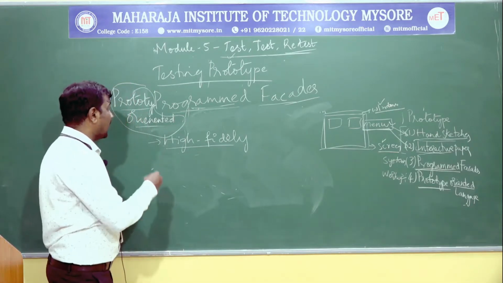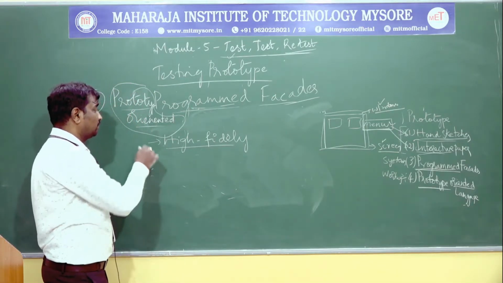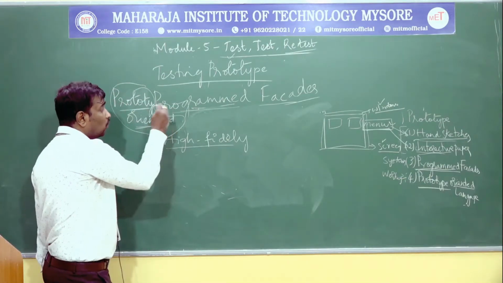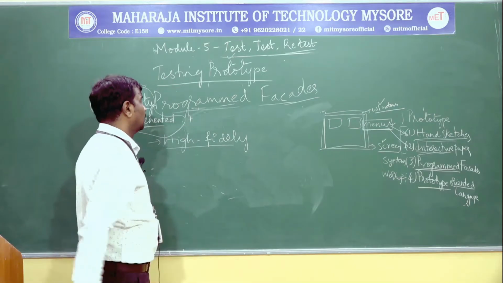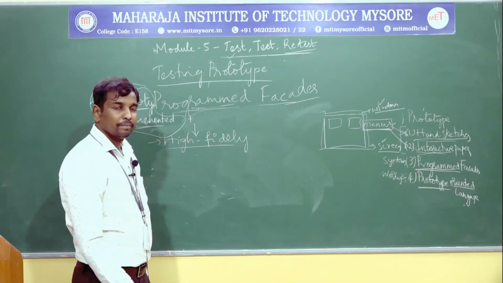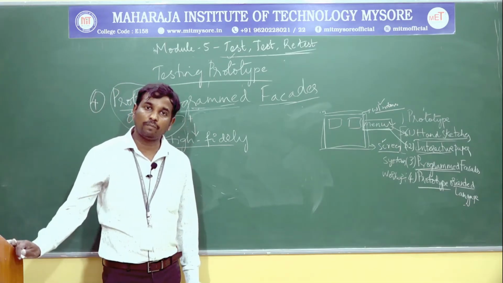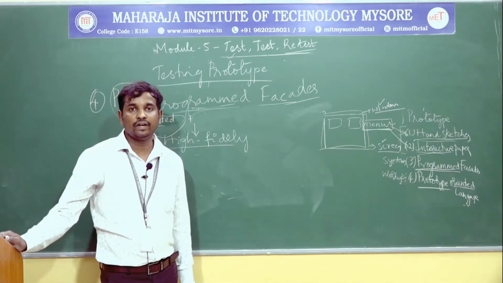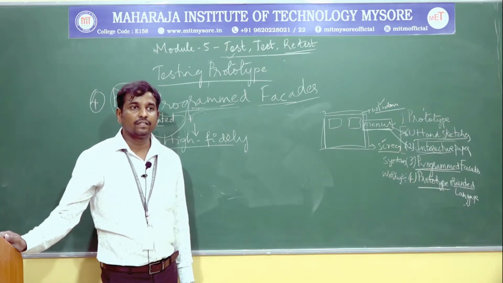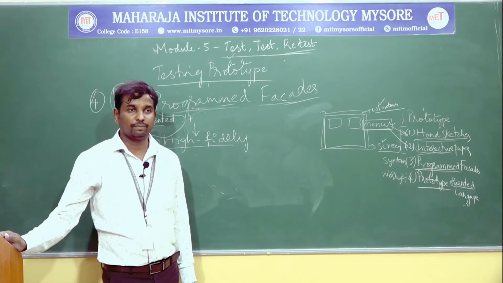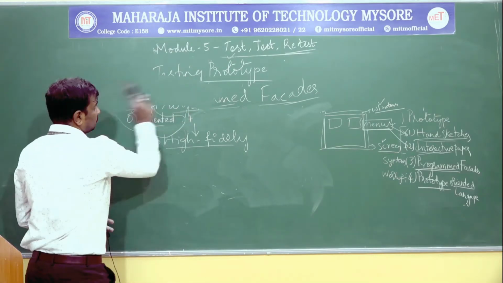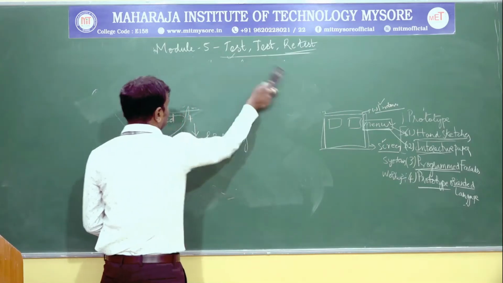We have to develop a testing process with respect to the prototype oriented programming language, which leads to high fidelity by gathering proper information about the product we are developing. So by this we can make the prototypes accurately.